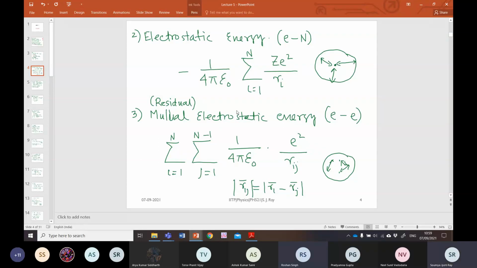But interaction we are also considering in part 2. No sir, in that one there is no interaction, only the Ri term is there. See, this is also electrostatic energy, and this is also electrostatic energy. So the nature of interaction is the same in both cases.